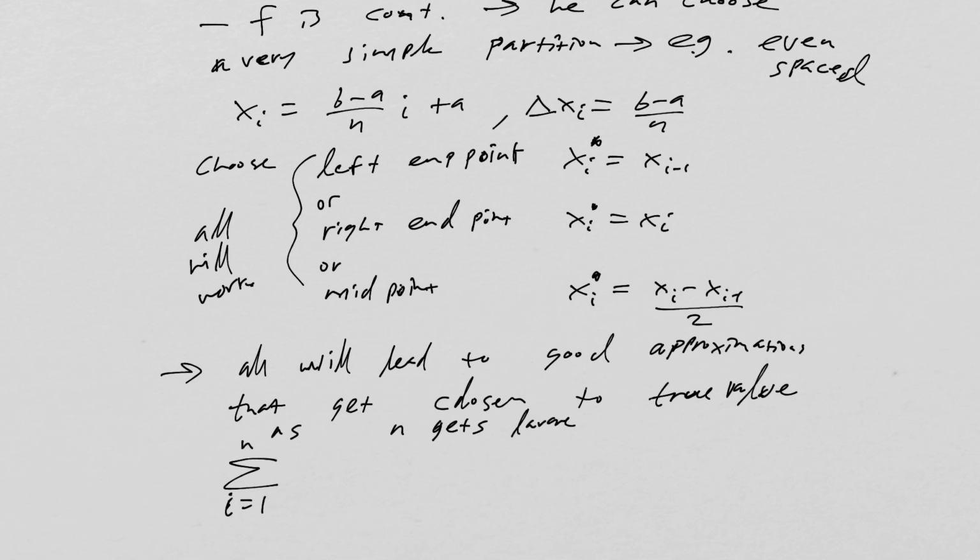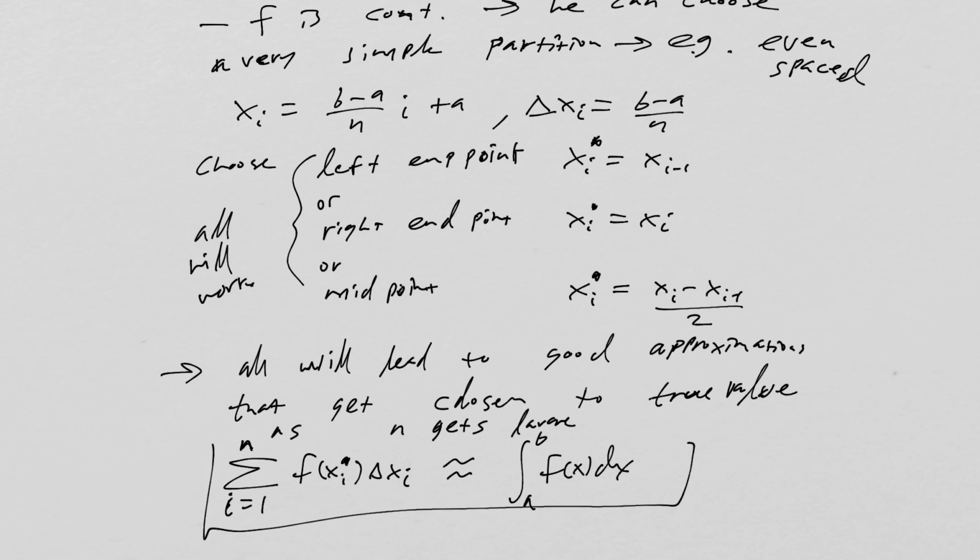So for any finite sum, this is going to be approximately equal to this value that's out there. We may not know what it is, but we can say with some confidence that we'll get close. And if you want to get closer, just take a finer and finer partition as we go forward.